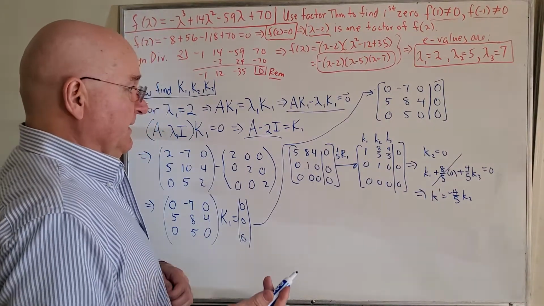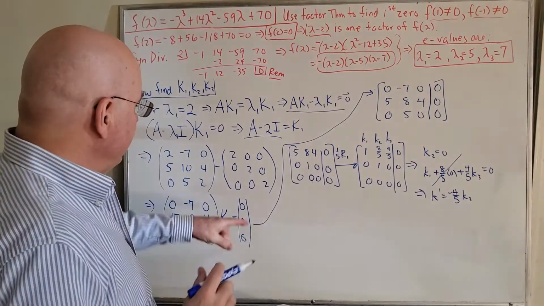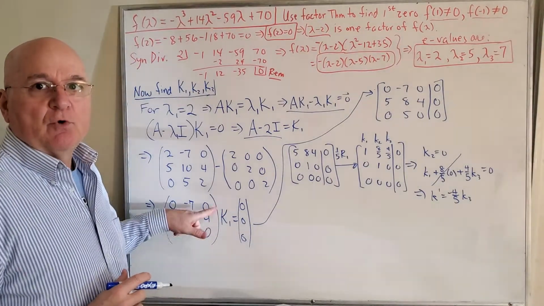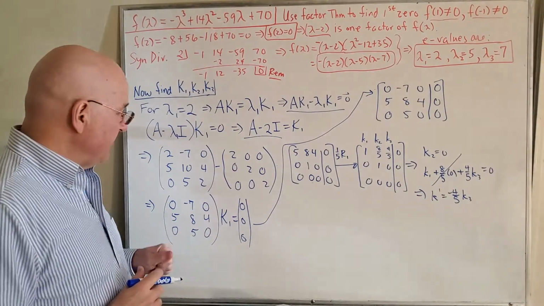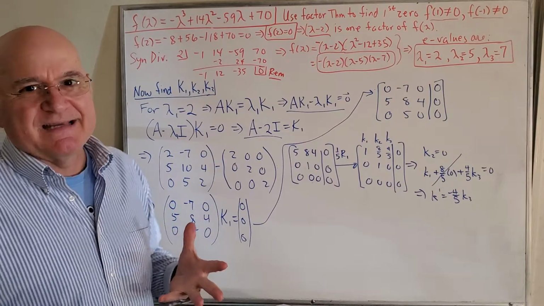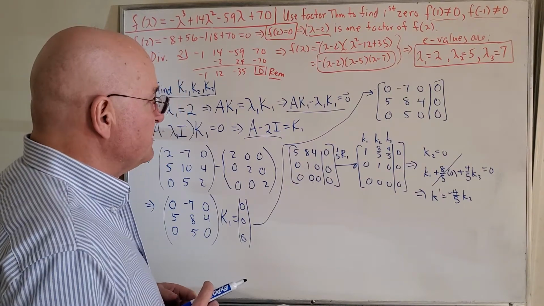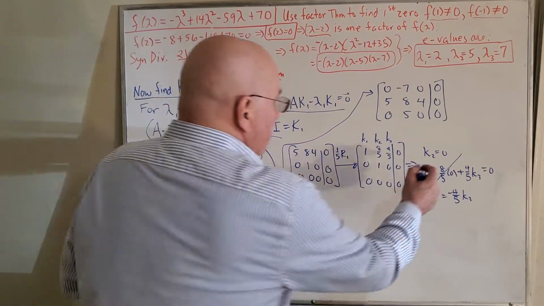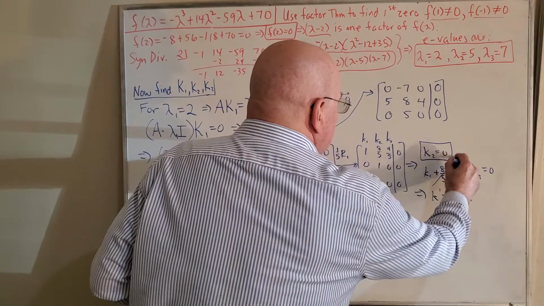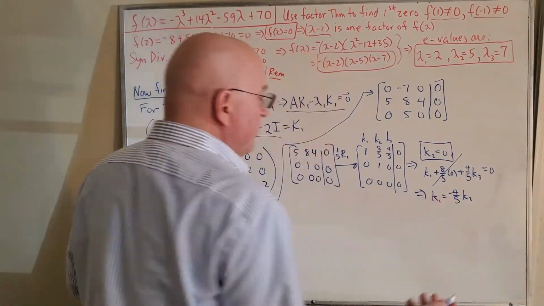Okay, so just to make it nice, I'm going to try to get integers out of this. Remember, there's an infinite number of vectors that will work, okay, for this one, lambda 1 equal 2. Let's pick one that's nice, maybe one that doesn't have any fractions in it. So if I were to choose, I know K2 is 0. We have to choose a value, that's K1, for either K1 or K3.